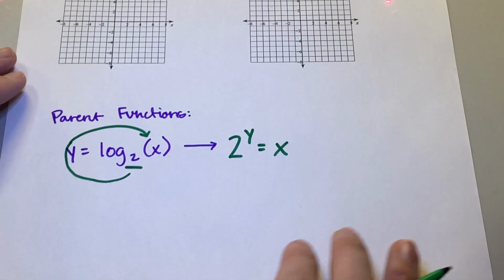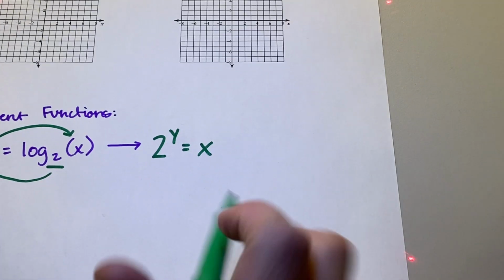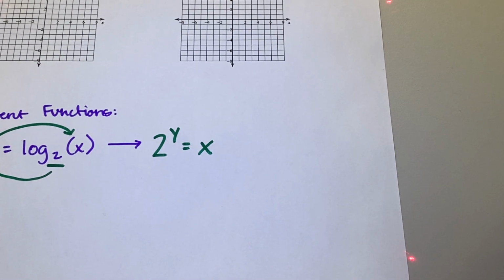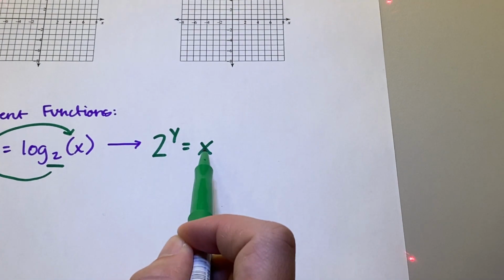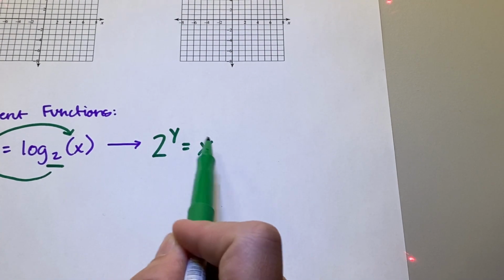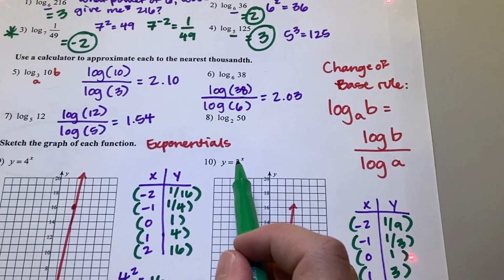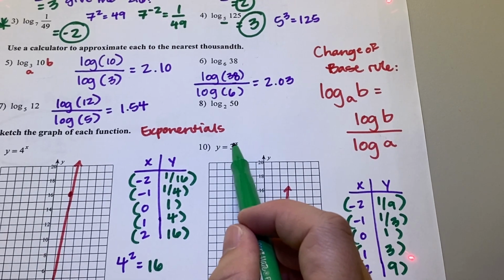Okay, so now looking at this guy, which one do you think it would be easier to pick values to plug into? X or y? Which should we plug values in for? X or y? Y. Beautiful. Okay, look back on the other side of your paper, right? We were picking values to plug into the exponential spot.